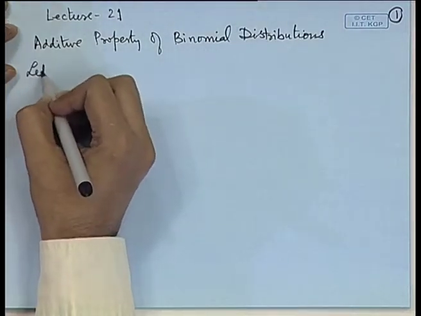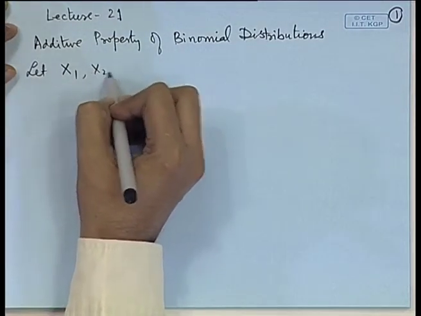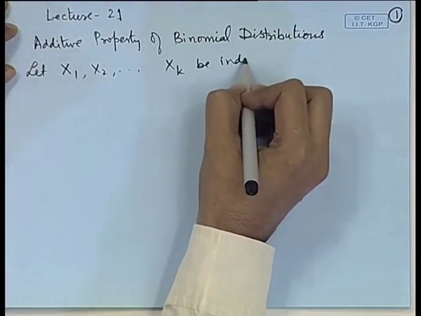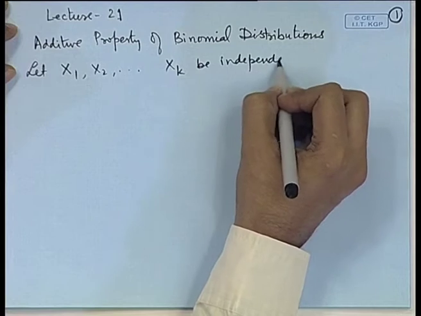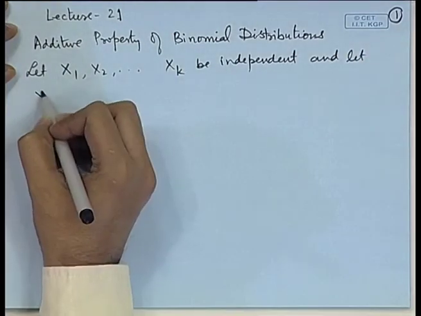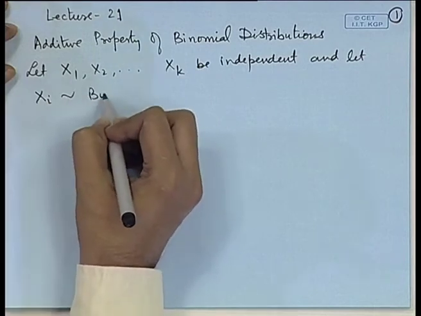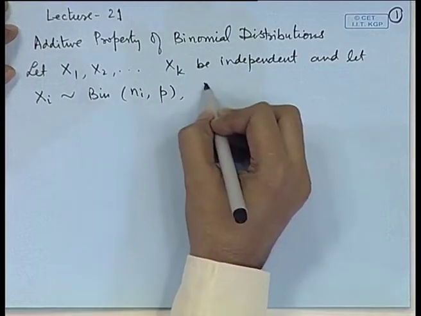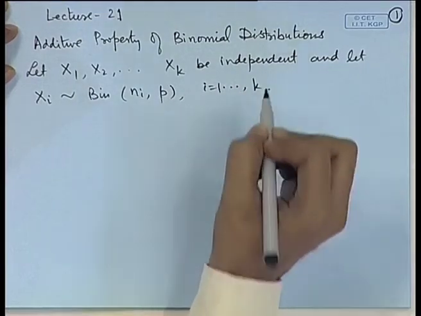So, let us consider X1, X2, ..., Xk to be independently distributed random variables, and let Xi follow the binomial(ni, p) distribution for i equal to 1 to k.